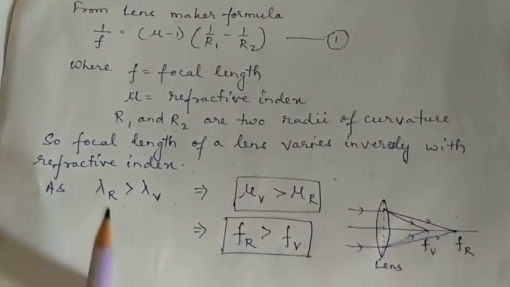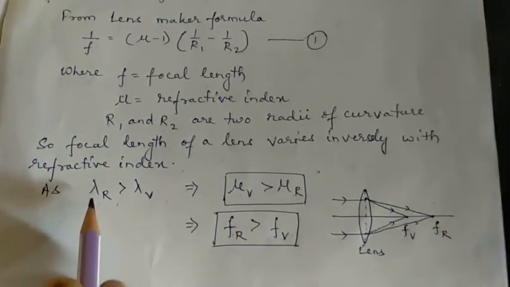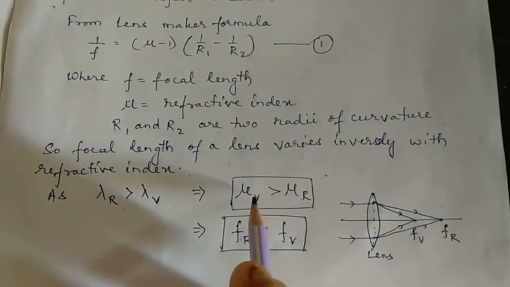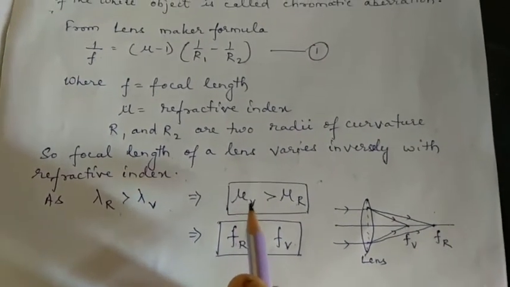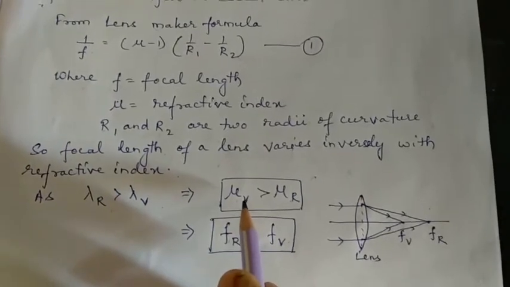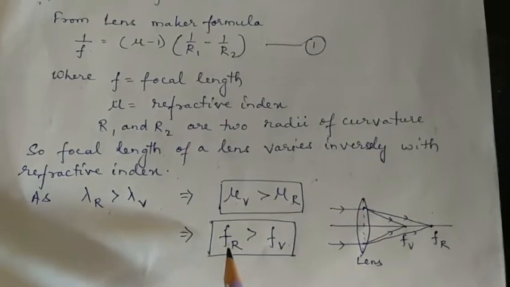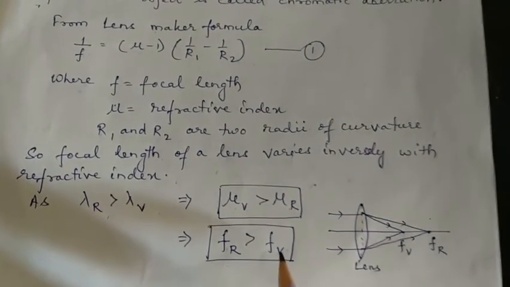So the wavelength of red is much greater than violet, hence the refractive index for violet is greater than red, and thus the focal length for red is greater than violet.